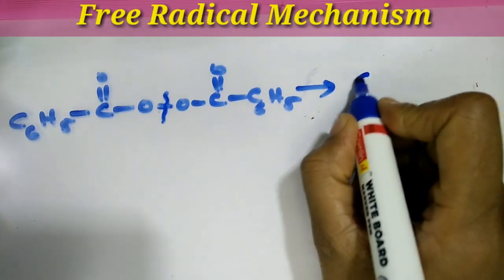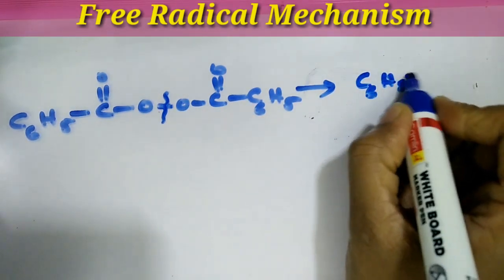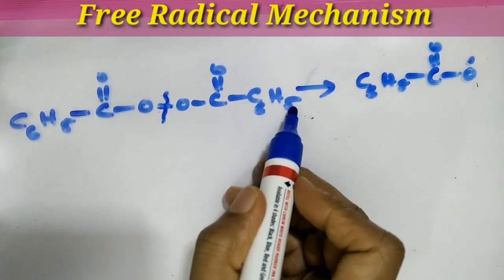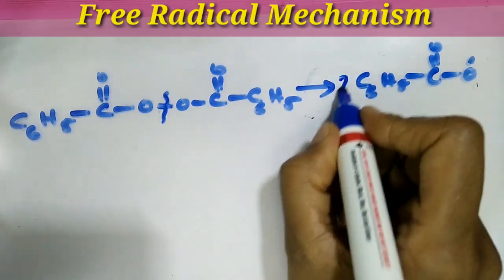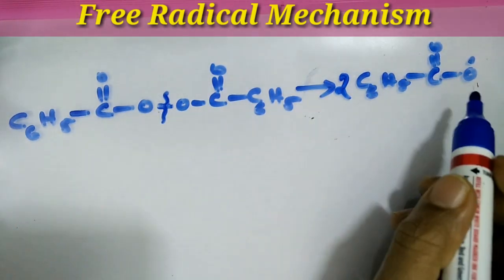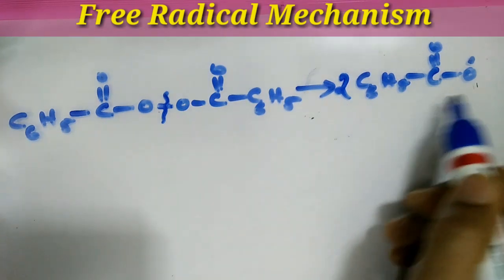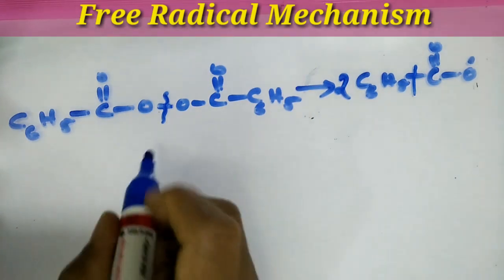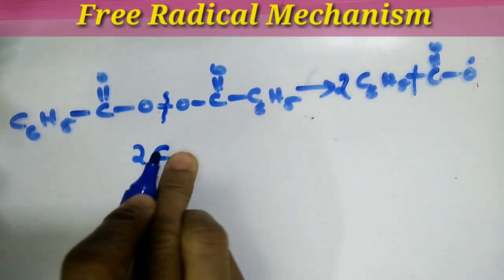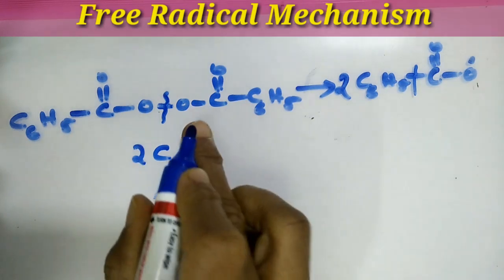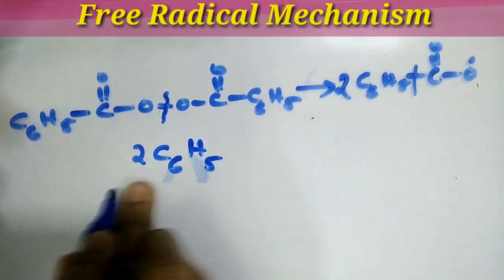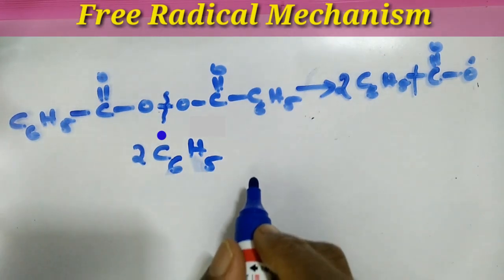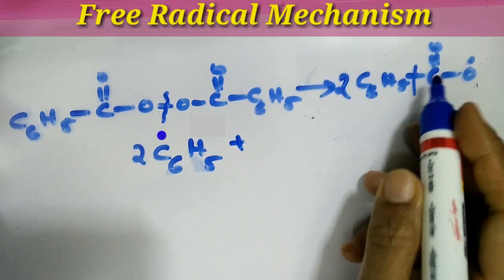So we can write C6H5, C double bond O free radical, and here also C6H5, C double bond O. So two free radicals are obtained, and this is a very reactive species, and it breaks this C-C bond, and you are getting two C6H5 free radicals. This is nothing but the phenyl free radical, plus you are getting this one now.